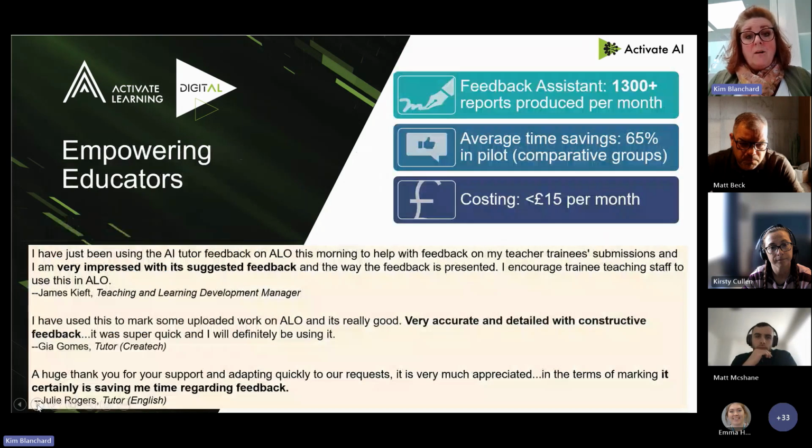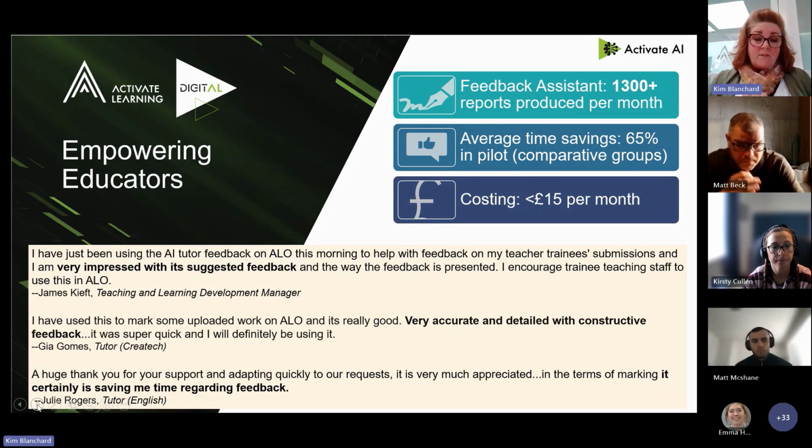And for staff, making sure that we have a consistent approach with our Canvas platform, Activate Learning Online, enables us to have that transparency of quality feedback for our learners organisationally, but it wholeheartedly makes their job so much easier by using the tools available to them.